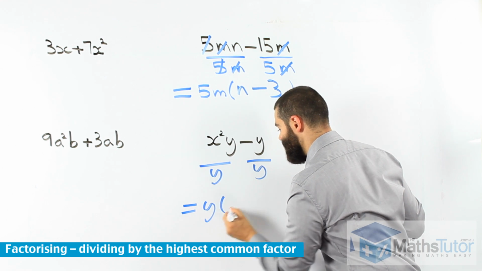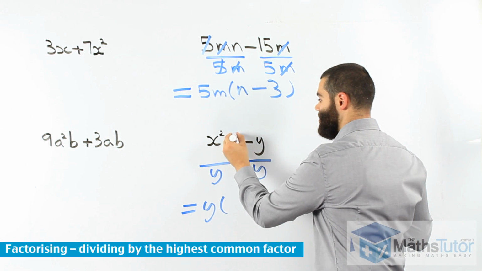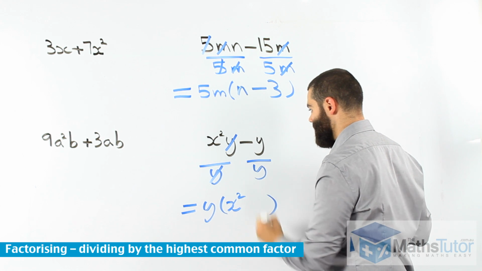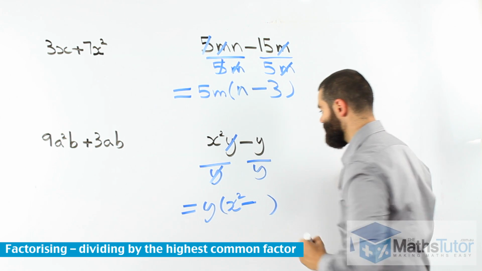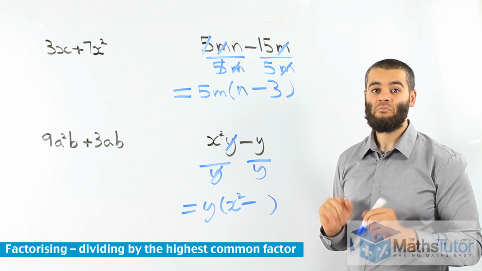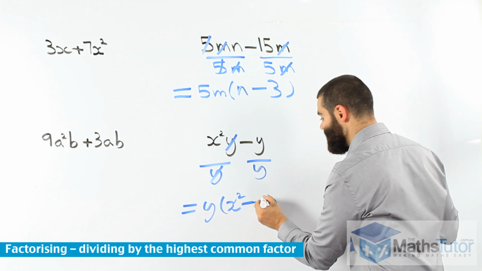Y goes outside, we open our brackets. Then the y's cancel out. We're left with x squared. Put our minus. Y divided by y. What's the answer? 0? No. Our answer is 1. Y divided by y is 1.